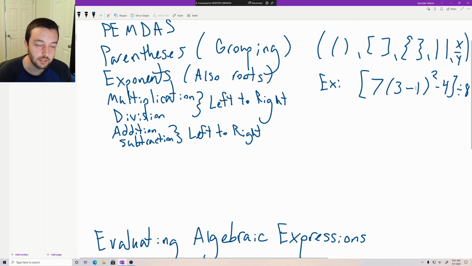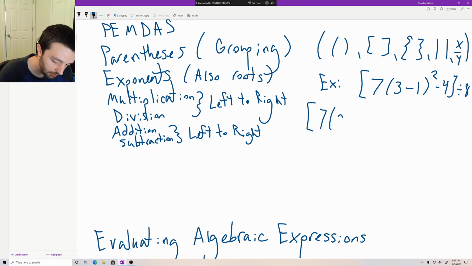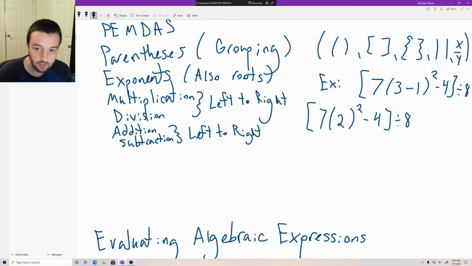Now we're on this parentheses. There's only one thing to do in here, and that's subtraction. So 3 minus 1 is 2. Now we can head back in here because we already established this part's going first. Now we have multiplication, exponent, subtraction. If you look over here, exponent is the one that comes first.